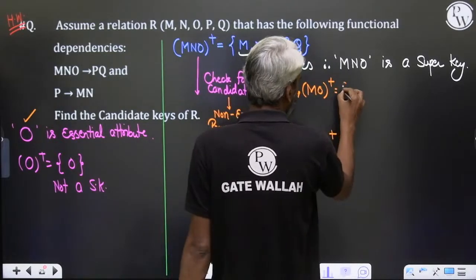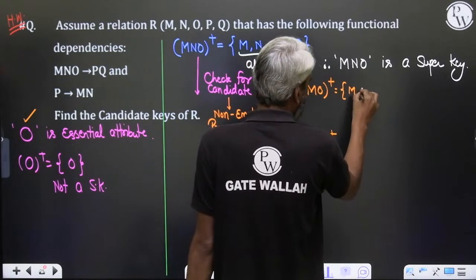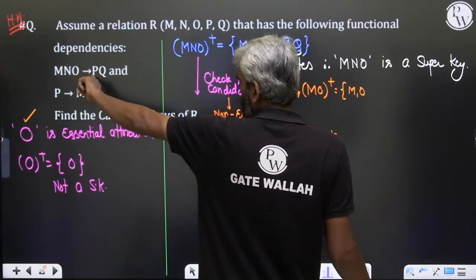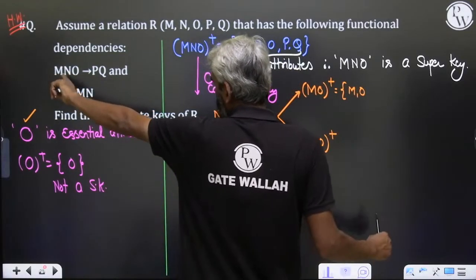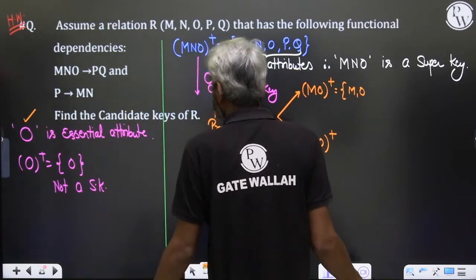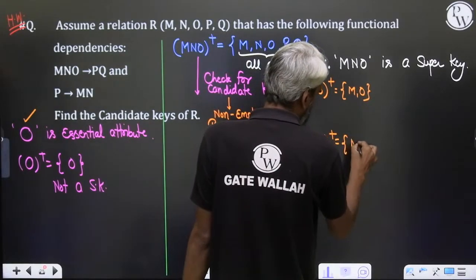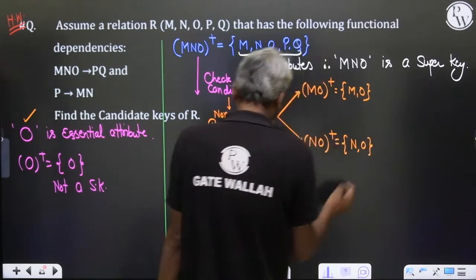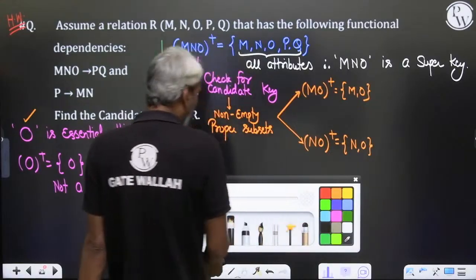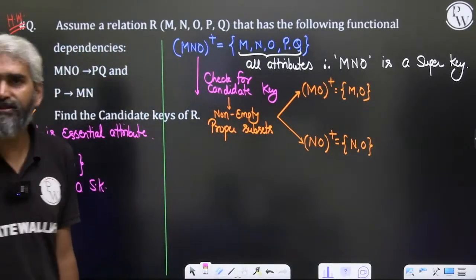Okay, so what will be MO closure? So MO closure will include M and O. Now, LHS MNO is not a subset of MO, therefore done. So NO will be NO only. So we come to know that no proper subset of MNO is a superkey.